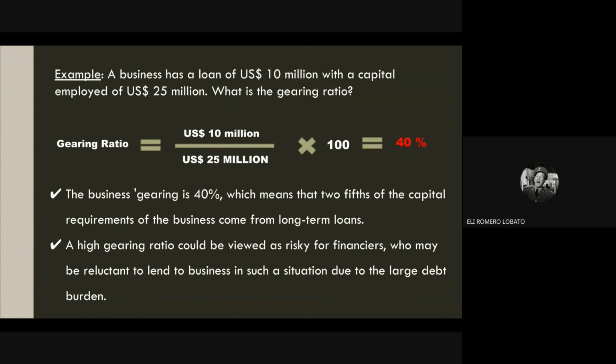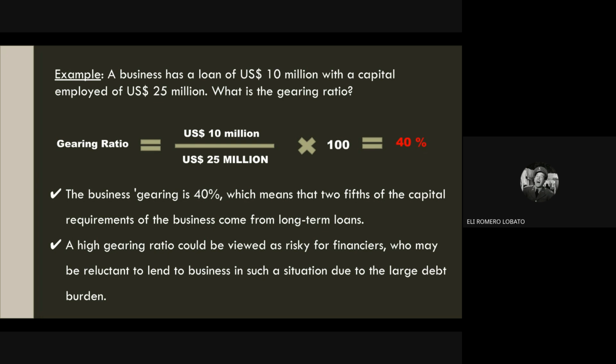In order to get a percentage, we get 40%. That means that the gearing ratio is 40%, which means that 2/5 of the capital requirements of the enterprise come from long-term loans.